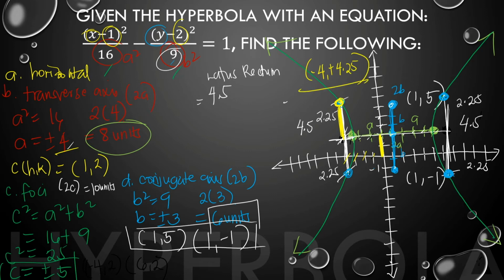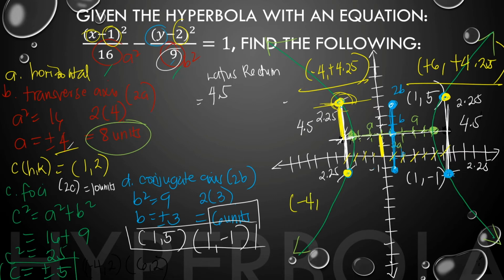So, ito yung unang endpoint. Then, dito naman, nasa 1, 2, 3, 4, 5, and 6. So, nasa positive 6 siya, and kapantay niya itong una natin. So, magiging positive 4.25 din siya. Ito yung pangalawang endpoint. And dito naman, kapantay niya yung una nating endpoint sa x-axis. So, negative 4 din siya.